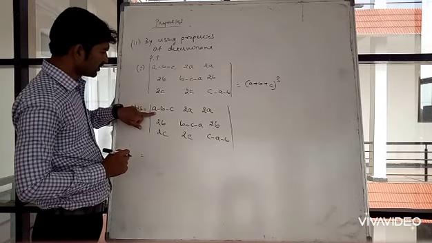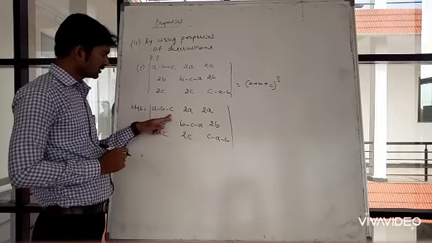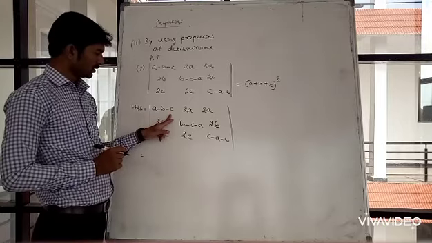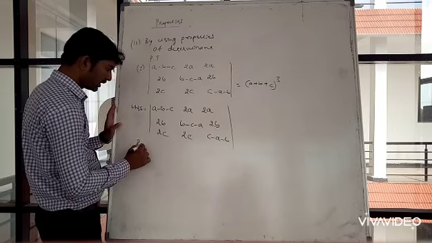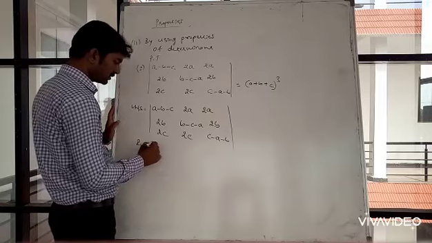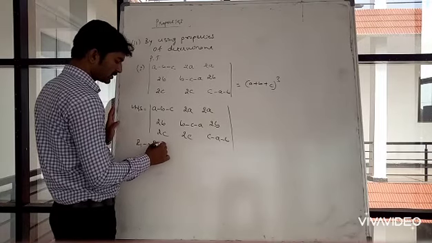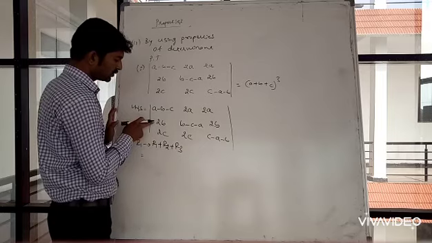Here the first row a minus b minus c is there. We need to make it as a plus b plus c. How it is possible? If you apply the operation R1 implies R1 plus R2 plus R3, what will happen? Here 2b is there.